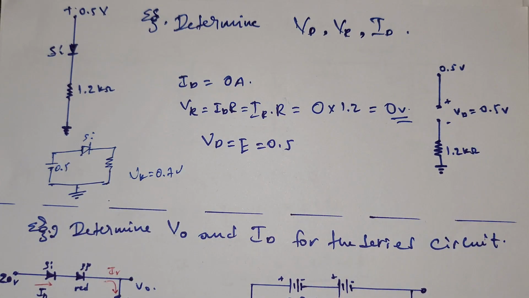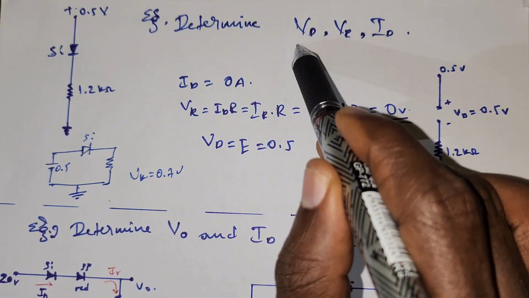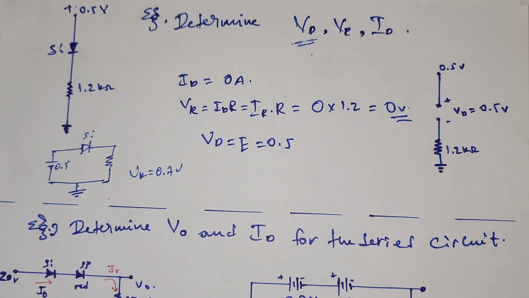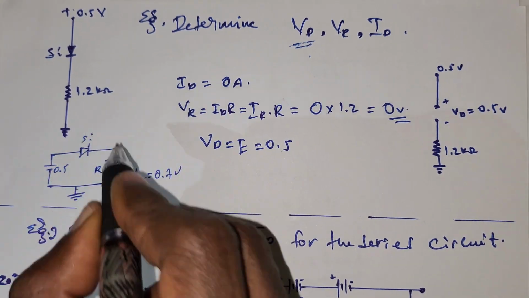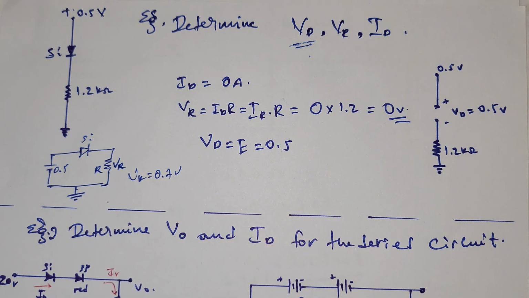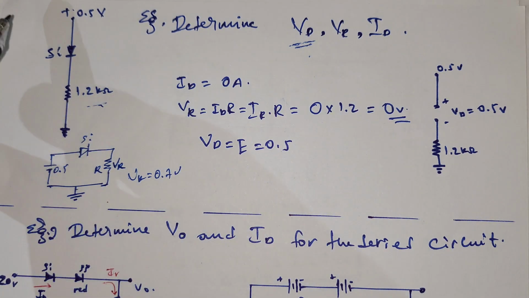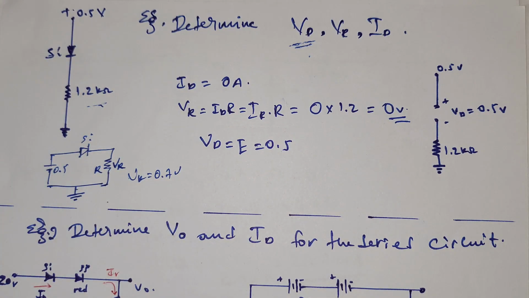So we are asked in this example to calculate the Vd, the voltage across the diode, the Vr, the voltage of this 1.2 kilo ohm resistor, and Id, the current which flows through the diode.